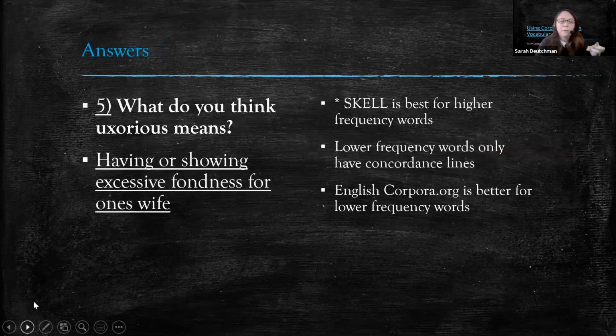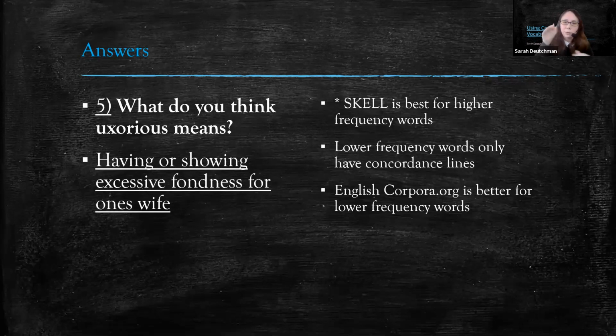And for number 5, everyone's favorite, what do you think uxorious means? It means having or showing excessive fondness for one's wife. The reason I chose this one is because I wanted to pick a word that most native speakers wouldn't know, so you can have the experience of what it's like to do this blind. Scala is best for beginners and higher frequency words.